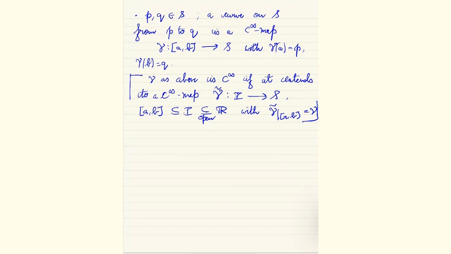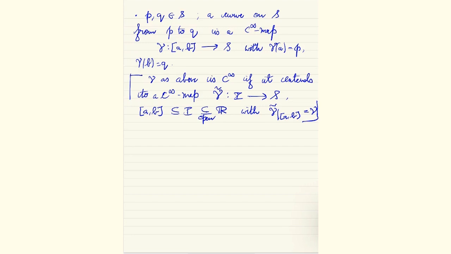Perhaps another important point to notice in this is that you see this curve gamma tilde is far from unique, right? So there is no uniqueness in these local smooth extensions, and so it is useful to say that the curve is smooth, but you can't say anything about its derivative.